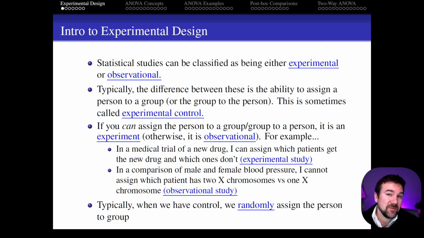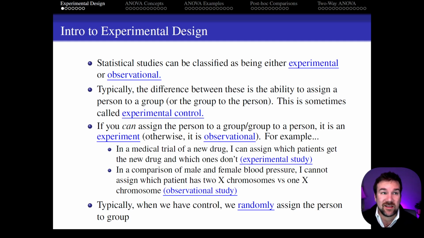I will mention that typically when we have control, we use random assignment to randomly assign which person goes into which group, or which group is assigned to which person. Also note quickly on this slide, and we might talk about this a bit later too, that experiment versus observational is not always a question of whether you are willing to put in the time, effort, money, whatever.